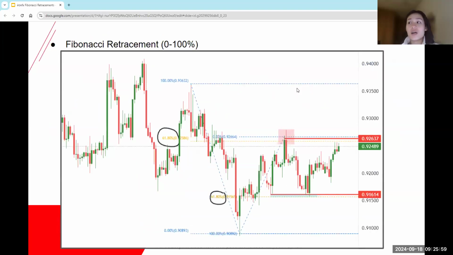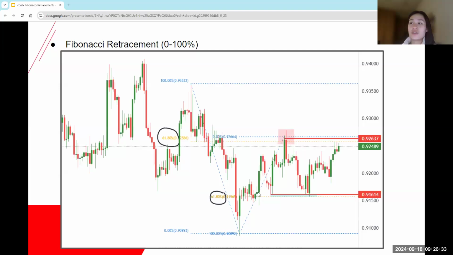Another example here, now we have two levels. So we have a resistance as well as a support. Okay, this is in line with two swing highs and two swing lows. Okay, and then after identifying our horizontal levels, we then go in with our Fibonacci levels. So we have one huge Fibonacci level here, where our 61.8 lines up nicely with our resistance level, and another 61.8 retracement.